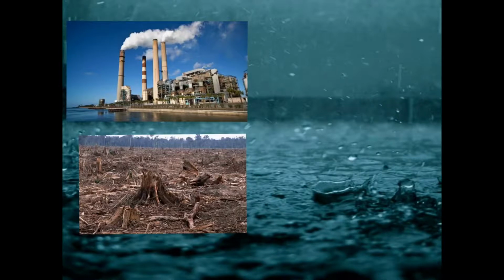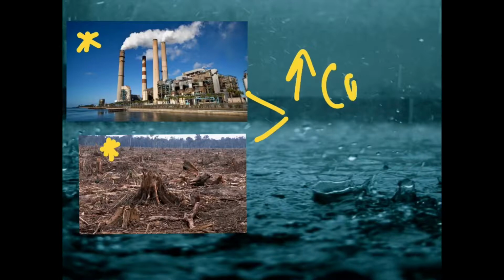All right, so a little bit of background information about acid rain before we start our lab here. These concepts are going to help you with some of the first couple questions on our lab sheet. So things like industrialization, deforestation, both contribute to increasing our atmospheric CO2.